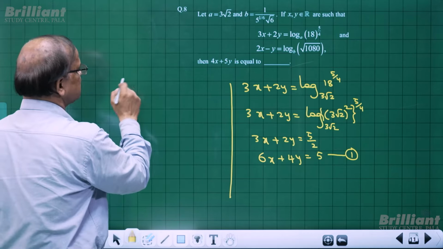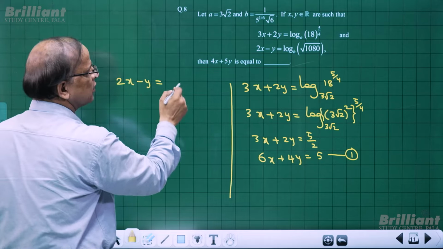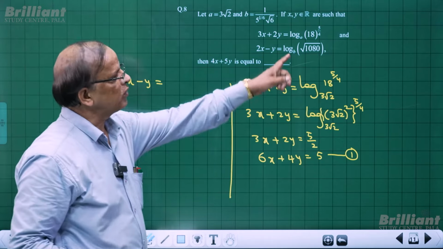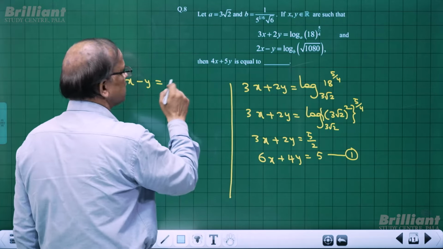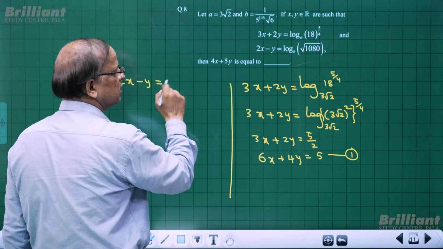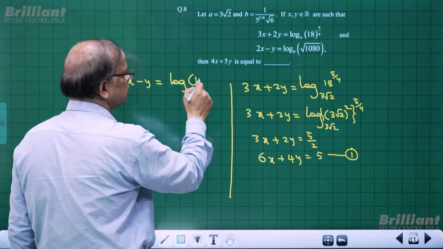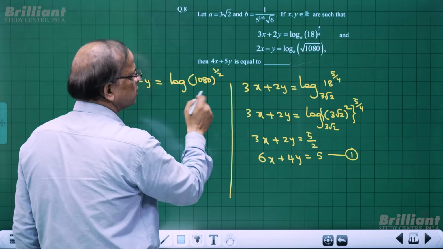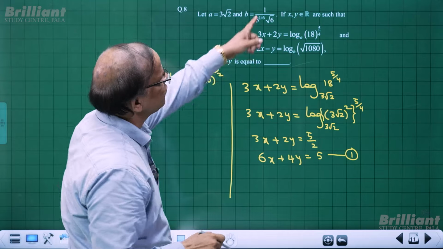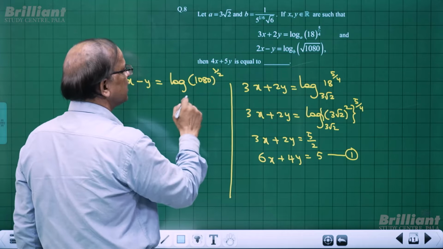Now, we can find this also. So, 2x minus y is equal to, this is a power 1 by 2 that you can write down, or you can take this as log of 1080 power 1 by 2 and base b is 1 by this. So, 1 by this means you will get negative.